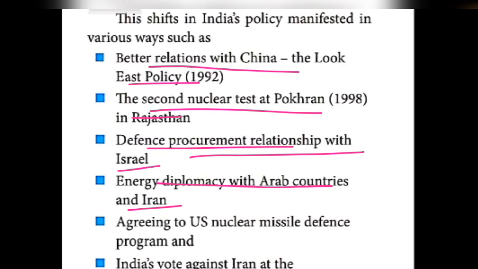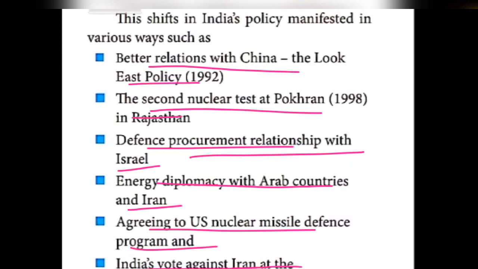The next one, agreeing to the United States nuclear missile defense program. India agreed. The last point: India's vote against Iran at the International Atomic Energy Agency.